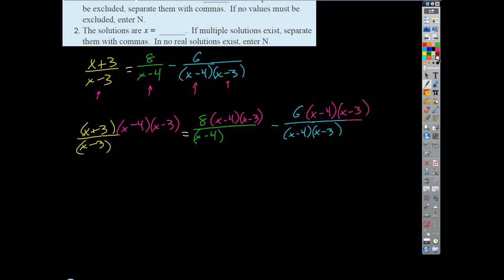Okay, if we do that, we can see lots of cancellation. In the first case, the x minus 3's cancel, leaving us with the product on the top of x plus 3 times x minus 4.